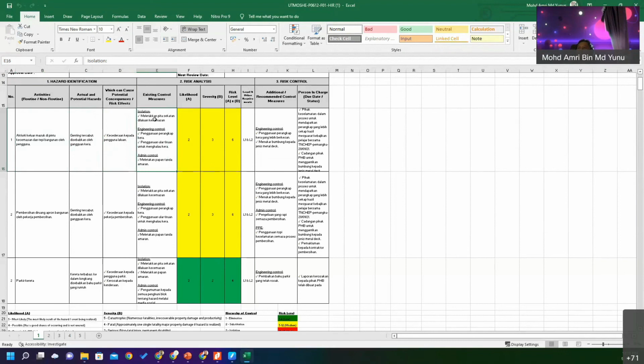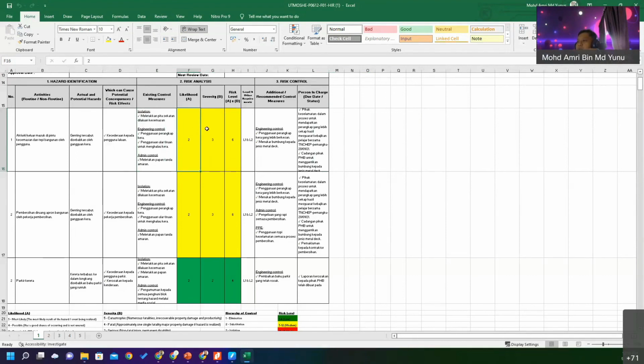So for the existing controls, we use isolation, which is actually a part of engineering control: the tape, the monkey trap, the dummy snake, and then the signage, elimination control. And then here we put the value of the risk after we have done the existing control measures.